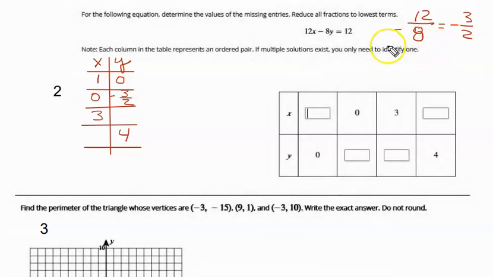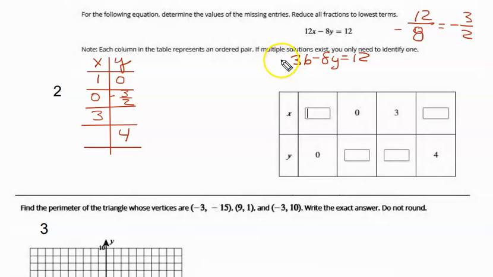Now here, if our x value is a 3, this is going to become 12 times 3 is 36 minus 8y equals 12. So we're going to subtract 36 from both sides.